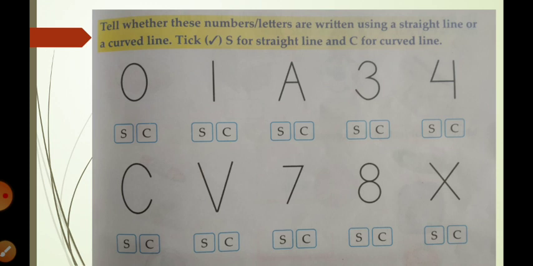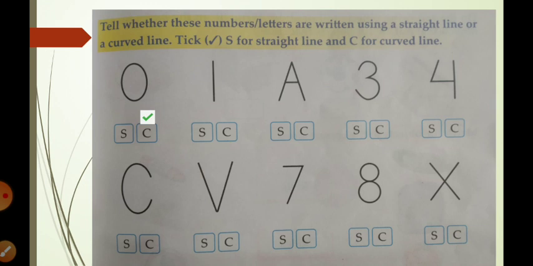So what you have to do? You have to tick C. When the number is written using curved lines, you have to take C for curved lines.